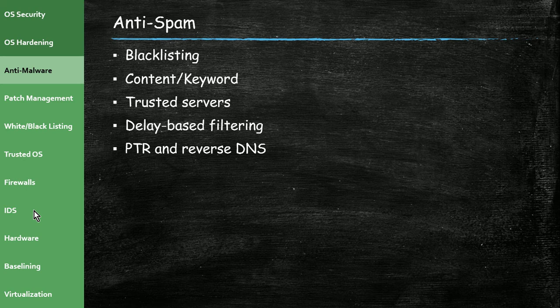I don't know that in this course we talk too much about DNS, but a PTR record, or pointer record, gives you the DNS name for an IP address, while an A record tells you the IP address for a host name.